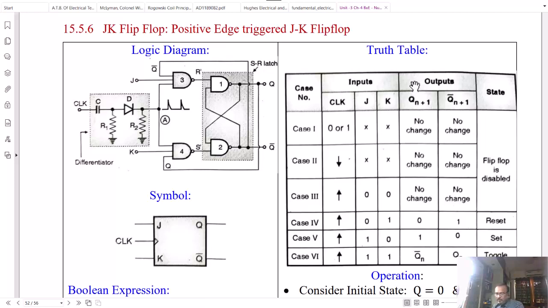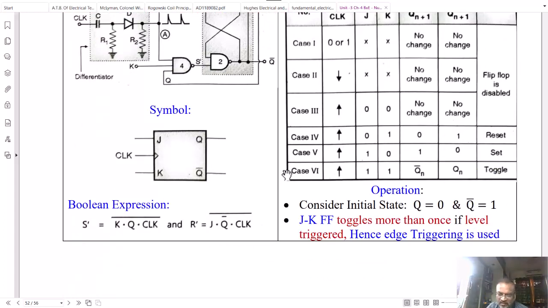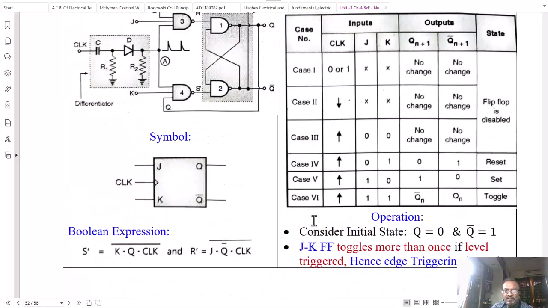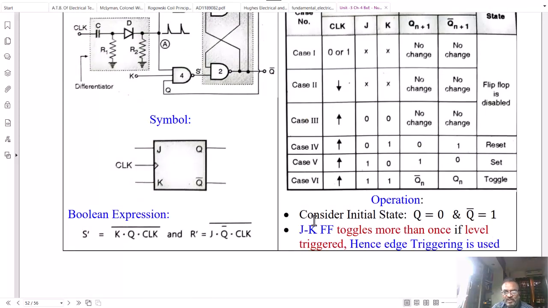If it was in logic 1 state, it becomes 0. If it was in logic 0, it becomes logic 1. That is called toggling. So the JK flip-flop toggles on every edge of the clock when both J and K inputs are 1.